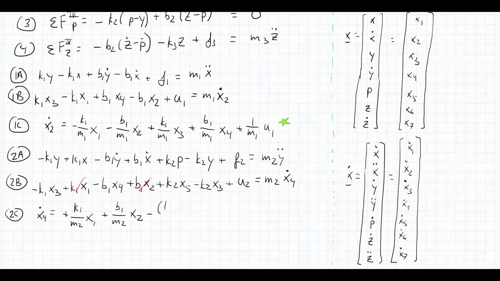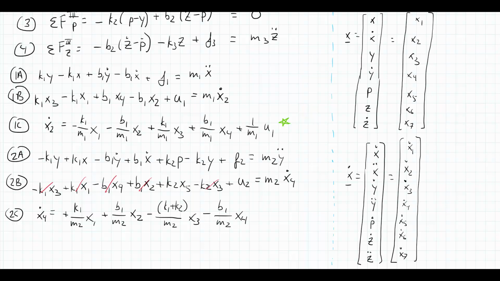So minus quantity k1 plus k2 over m2 x3. x3 terms are taken care of. I have an x4 term, a minus b1 over m2 x4. So that is taken care of.